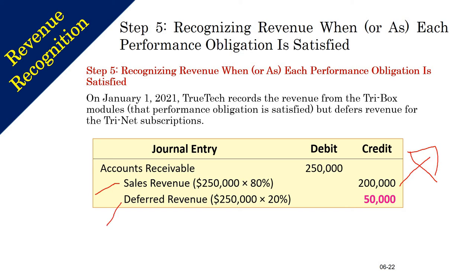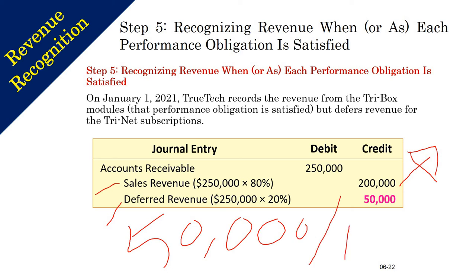The remaining deferred revenue is also called unearned revenue. The 20%, or 50,000, is because of the TriNet subscription, because we will be providing this TriNet service over 12 months. So this 50,000 will be divided by 12, and every month we will adjust it.